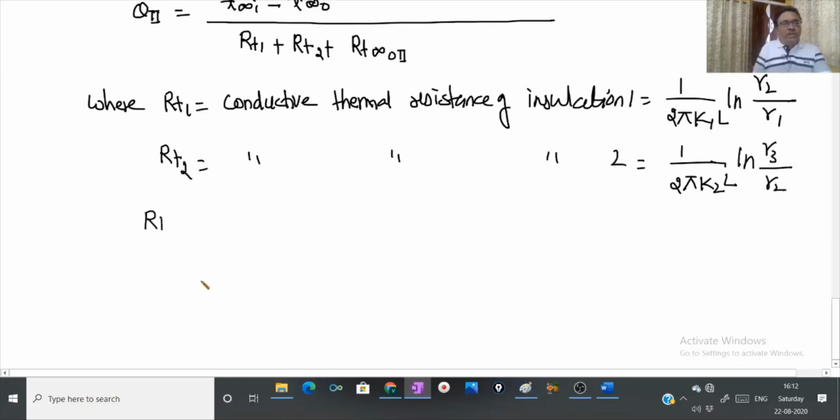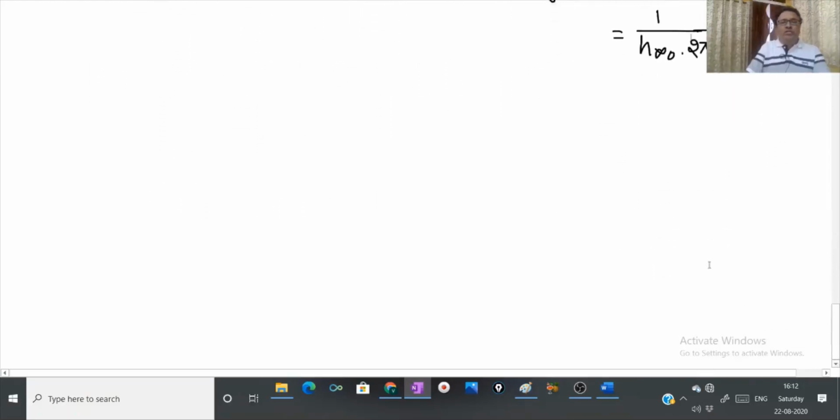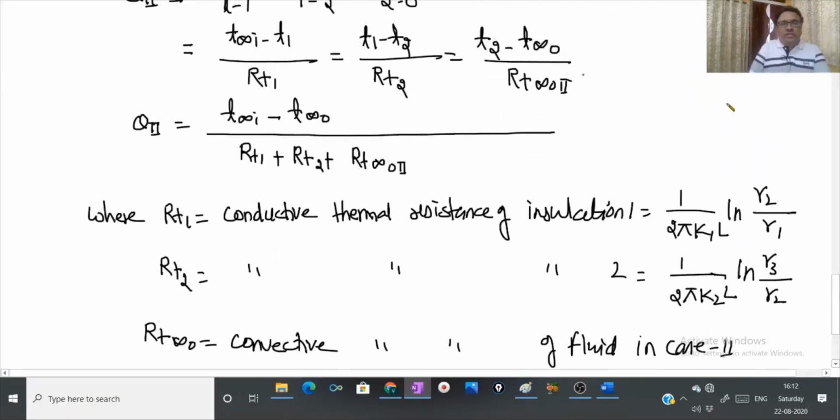And finally RT infinity O is the convective thermal resistance of fluid in case 2, 1 over H infinity O, and in the second case the outer radius of insulation is R3, so 2 pi R3 L. Let's say this is equation number 3.